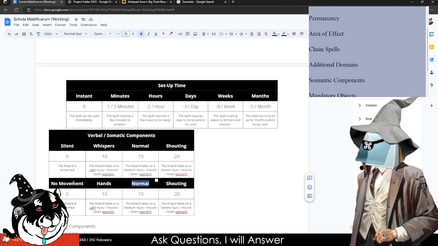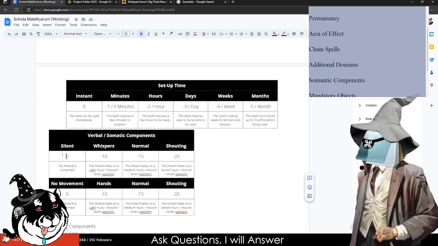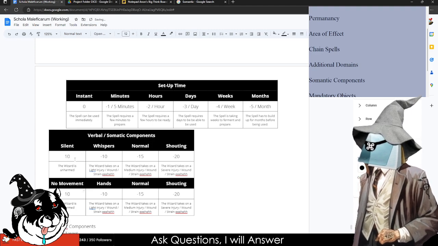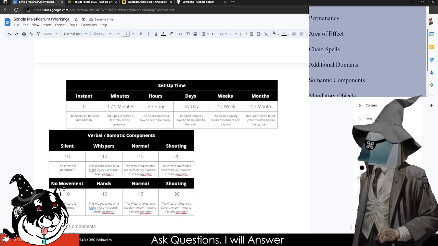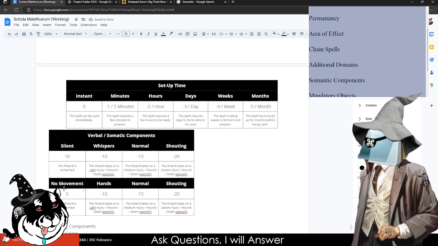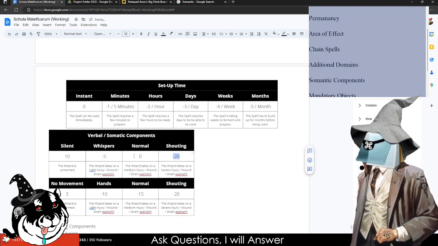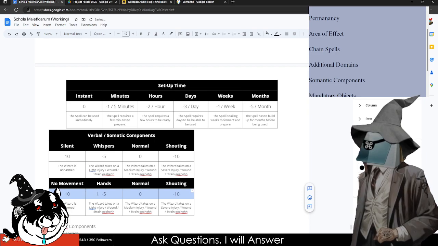No movement. You're not moving at all. Silent. You're silent casting. We want to do silent casting. Let's make this expensive. If you're just dead silent casting, it's fairly expensive. To do it normally, it's going to be that. Whispers is going to be that. You can make it a little bit quiet. Shouting, on the other hand, we're going to reduce by 10.